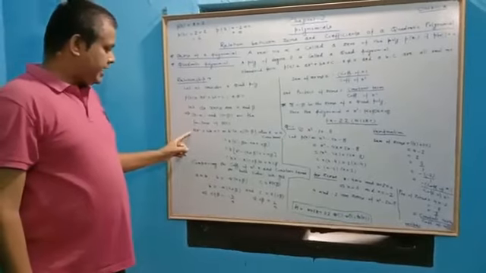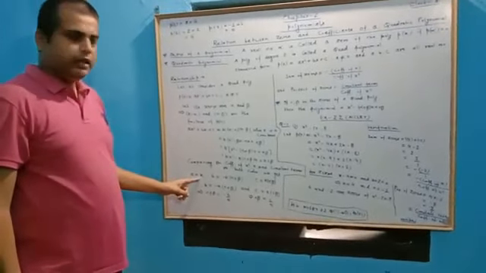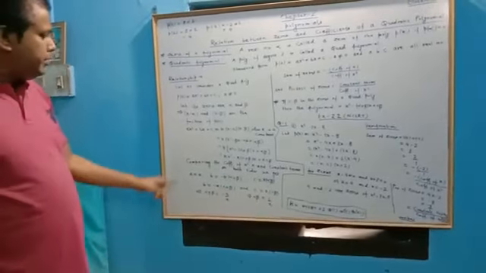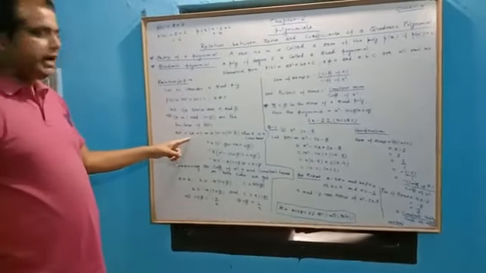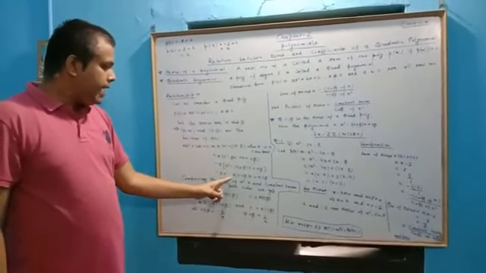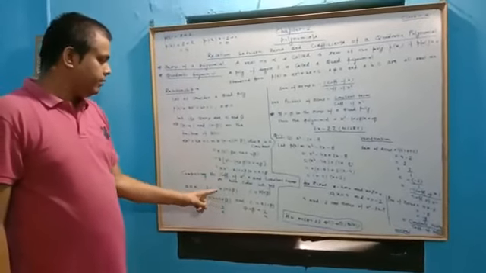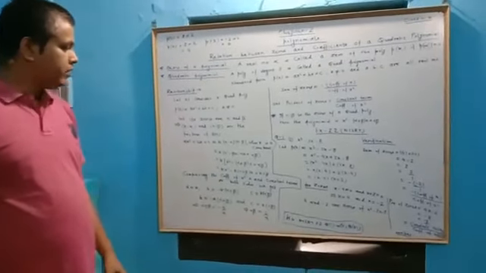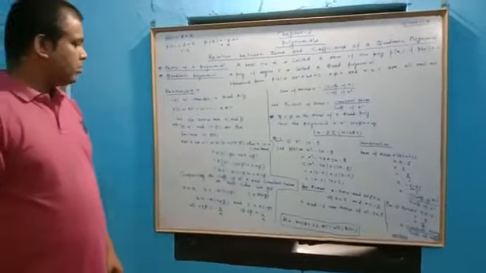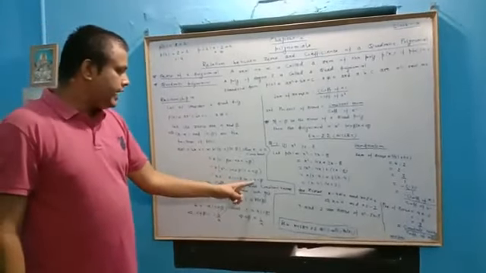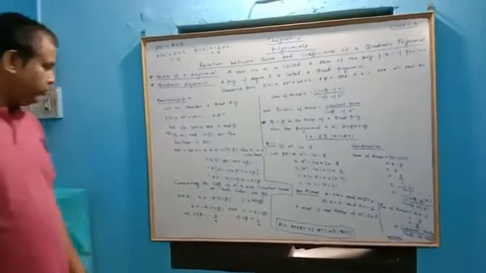So we can say a equals k. Similarly, the coefficient of x on the left side is b, and on the right side is minus k into alpha plus beta. That means b equals minus k into alpha plus beta. And at last, the constant term, c equals k alpha beta.